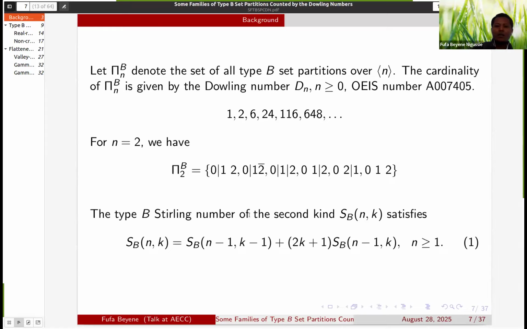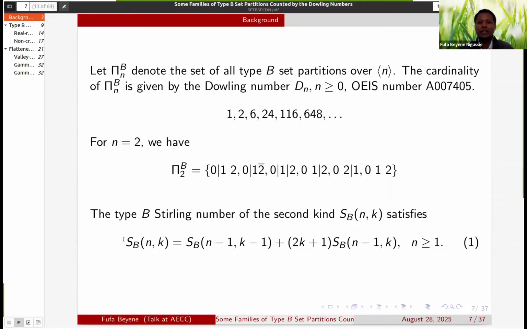If one wants to count these type B set partitions according to the number of blocks, of course, the number of pairs of blocks, because if you have a block, there is also its negative counterpart, it is good to consider the number of blocks to be the number of pairs of blocks. And this is known as the type B Stirling number of the second kind.